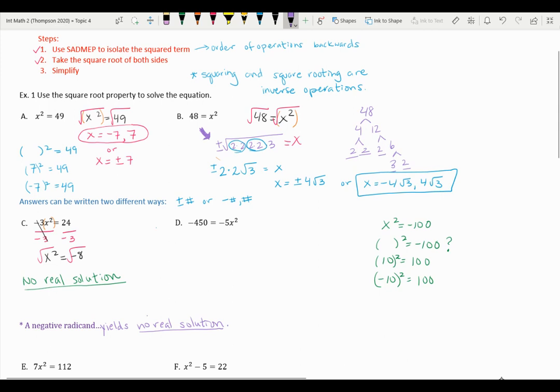The square root of a negative number is an imaginary solution. Yes, there's such a thing called imaginary numbers. If you've never heard that before, you're like, what?